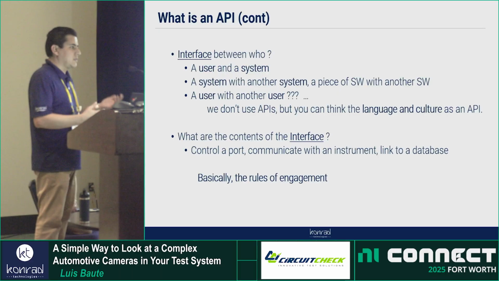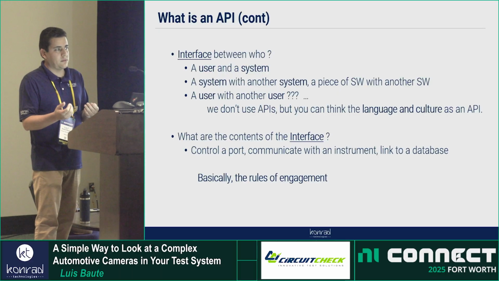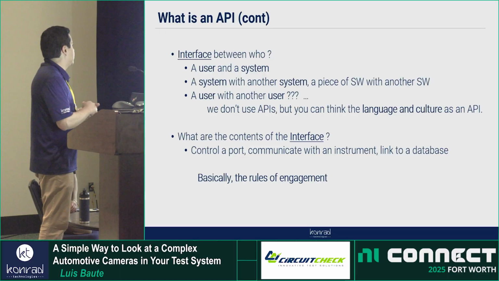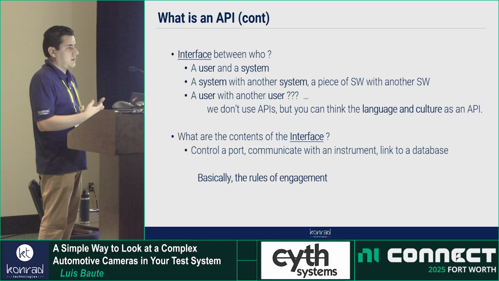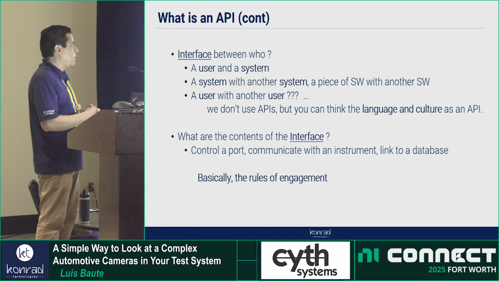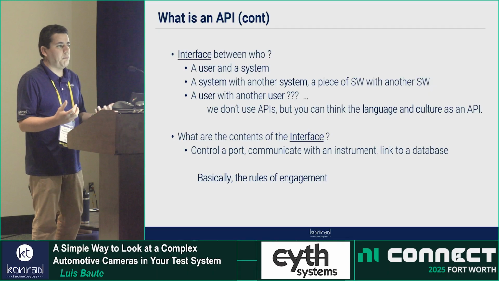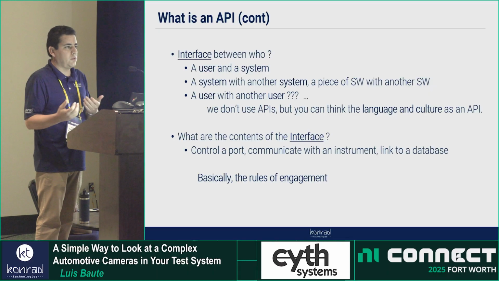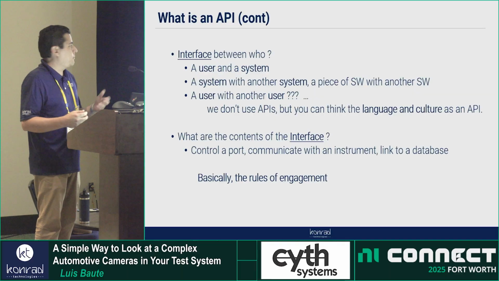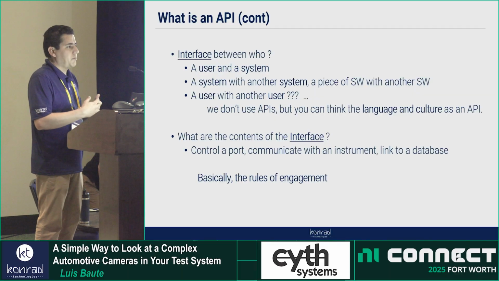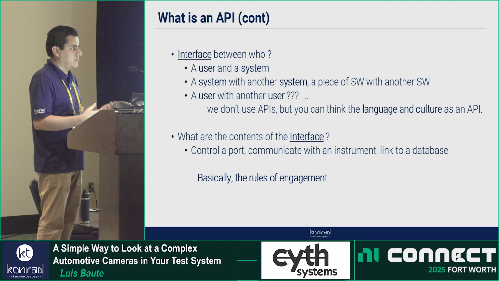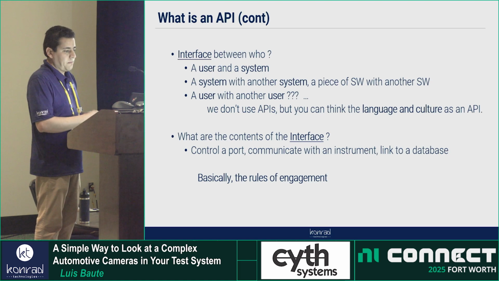We could do user with system or system with system, but also the third one that I put, a user with another user. For this it's just us. And we usually use our language and culture as an API because it's how we communicate to each other. And I put culture here because sometimes you could just talk to each other, but there's a lot more involved when you communicate with somebody else.